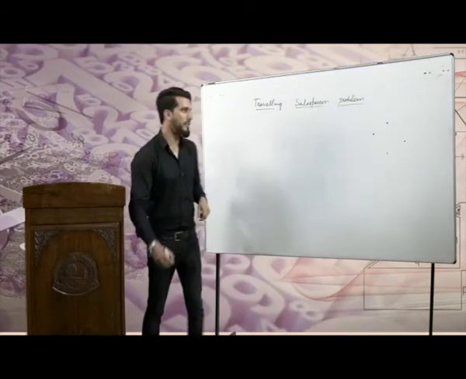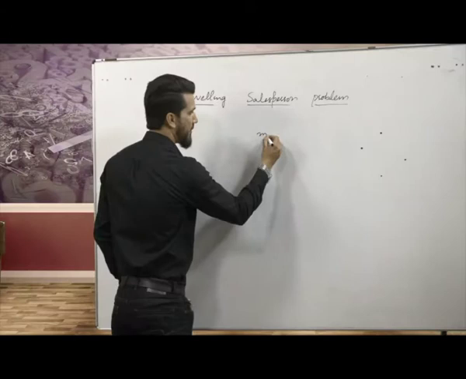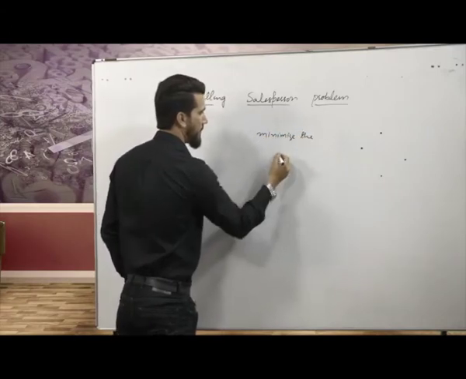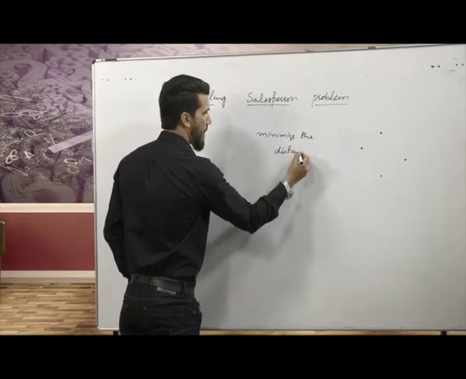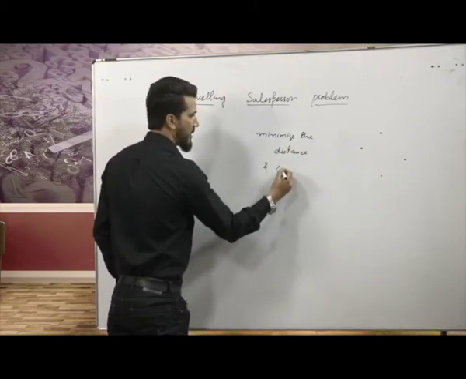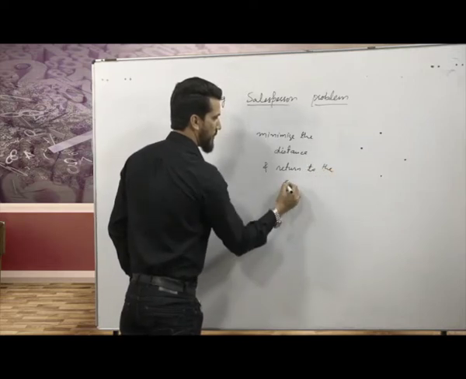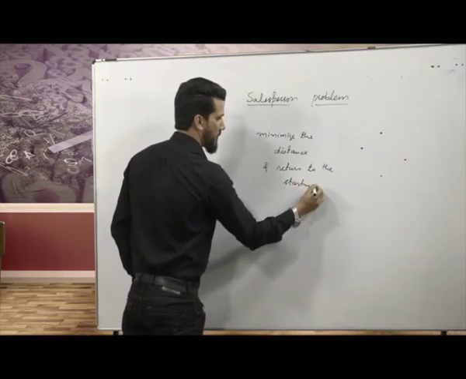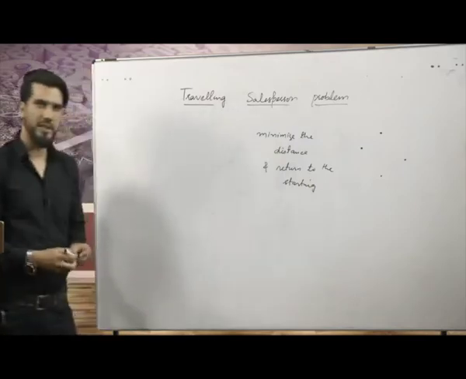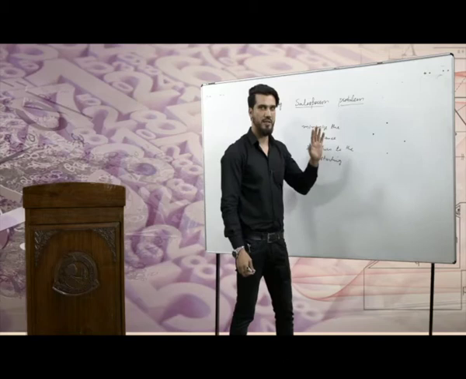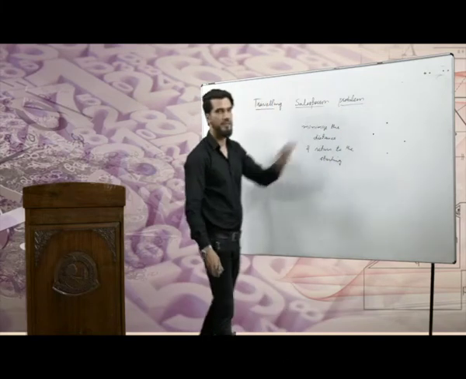The goal here is to minimize the total distance traveled and return to the starting point. So a traveling salesperson wants to visit each of the entities exactly once, minimizing the total distance traveled.